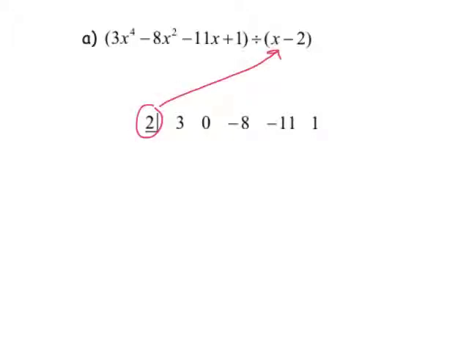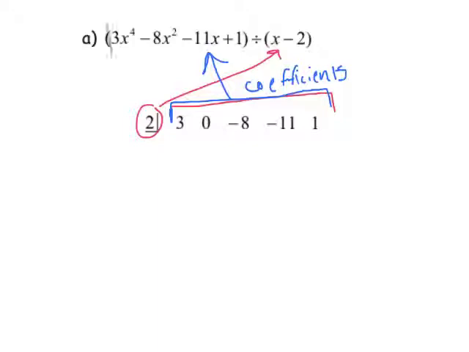Now, these numbers, 3, 0, negative 8, negative 11, and 1, these are your coefficients. If you are noticing this problem seems familiar, it's because this is actually the first problem that we did. So we're just going to show that the answers are the same.